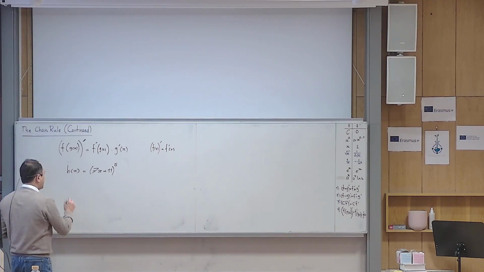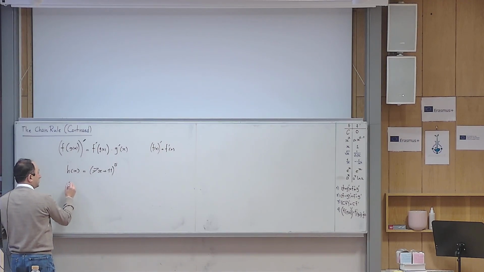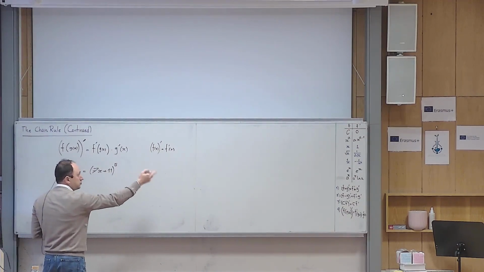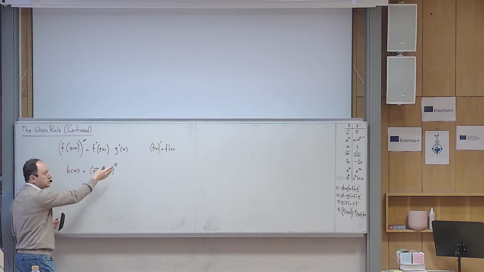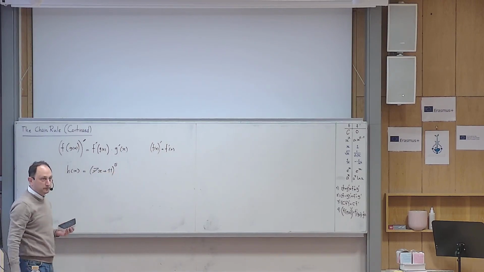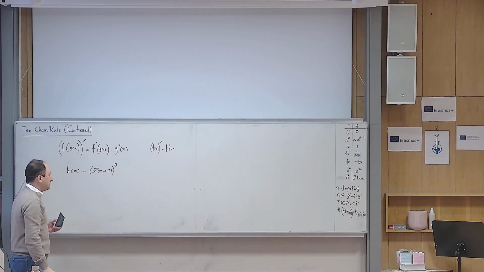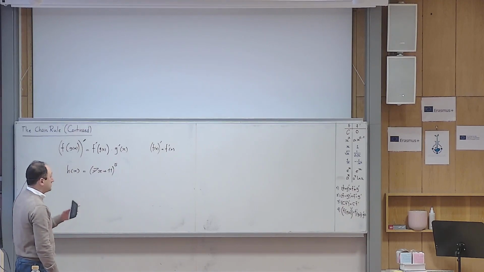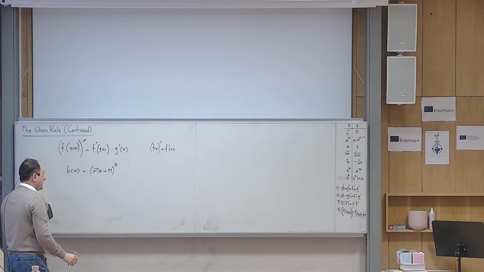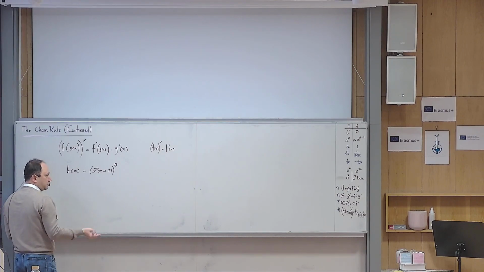I want to do it exactly as I did before. So I have to ask myself, is it possible to use my table directly for differentiating this? The answer is no, because this function is not in this form in my table. So then I have to find another way. One way we have learned so far is the method of the chain rule. So the chain rule needs an inner function and an outer function.